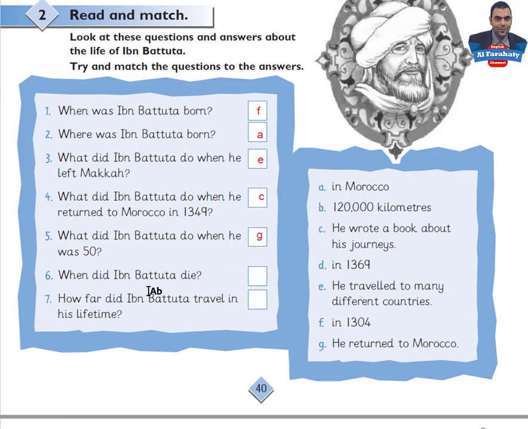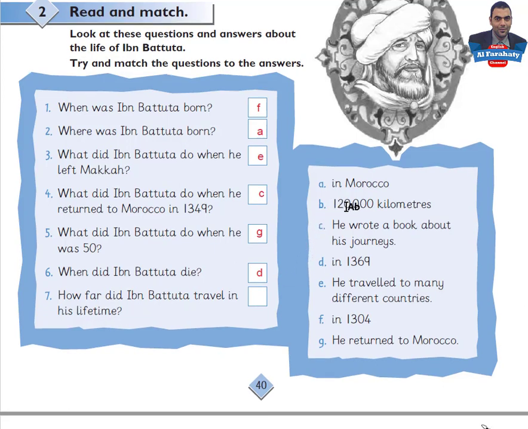When did Ibn Battuta die? D. In 1369. 7. How far did Ibn Battuta travel in his lifetime? B. 120,000 kilometers.